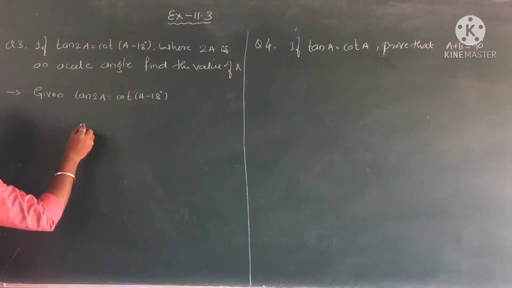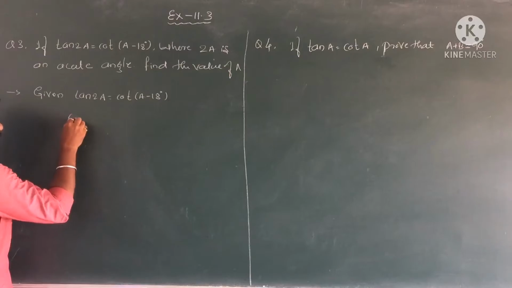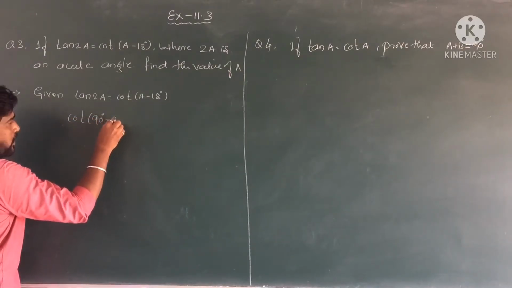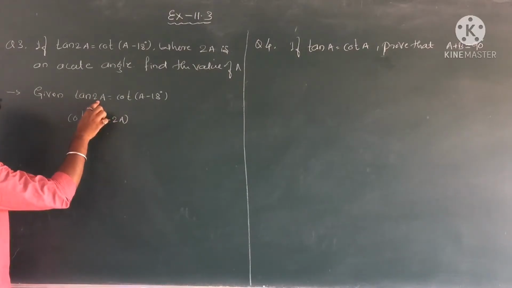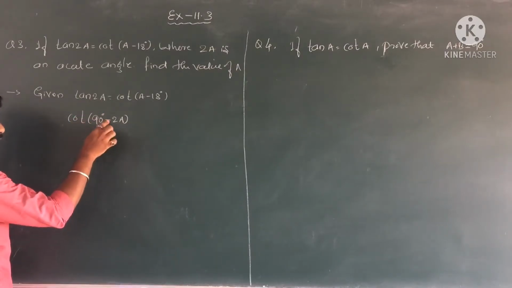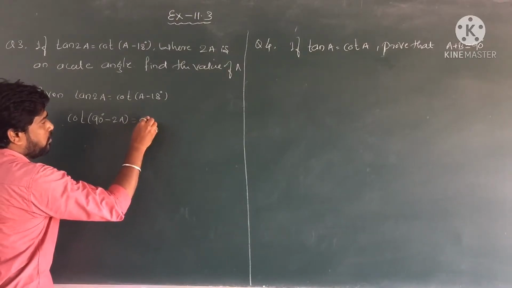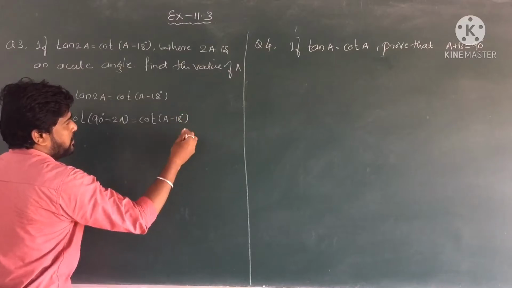So instead of this tan 2a, we can write cot (90 minus 2a). Here in theta's place 2a is there. So tan 2a is equal to cot (90 minus 2a), and this is equal to cot (a minus 18) as it is.